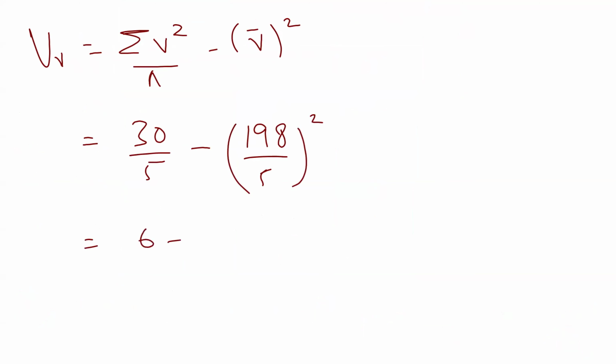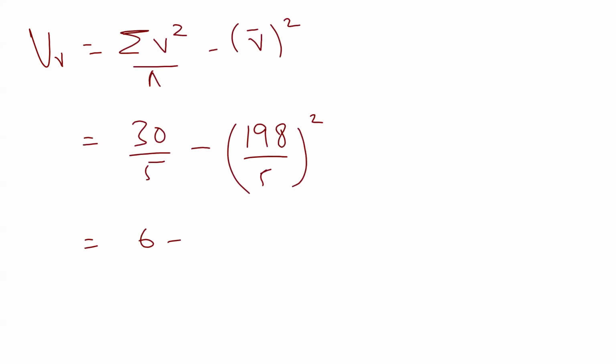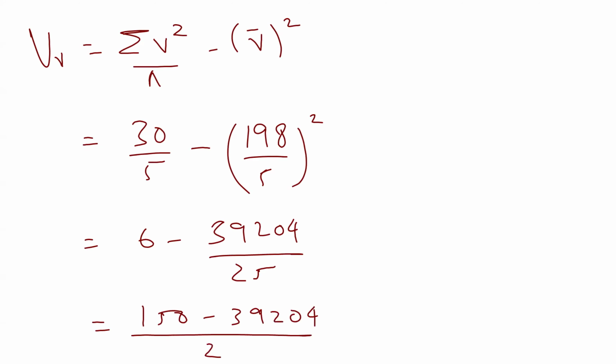So this is 6 minus 198 into 198 upon 5 the whole square. We'll just square it. Okay, so just a second. 198 square is 39204 upon 25. So this is 150 minus 39204 upon 25.